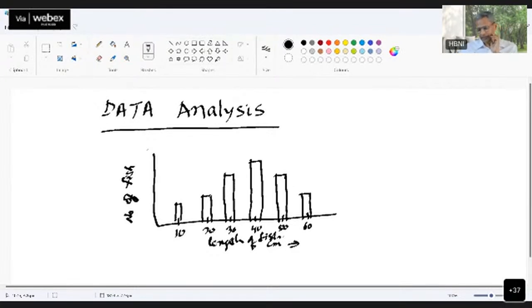So I got a certain number of fishes with 10 centimeter length, a certain number of fishes with 20, 30, and similarly 40, 50, and 60.